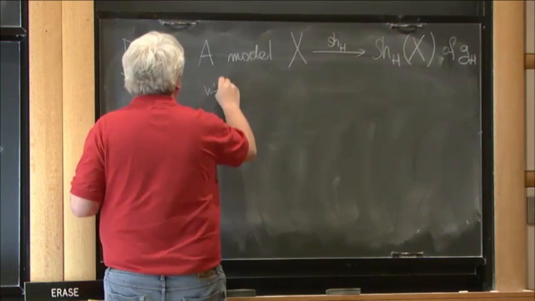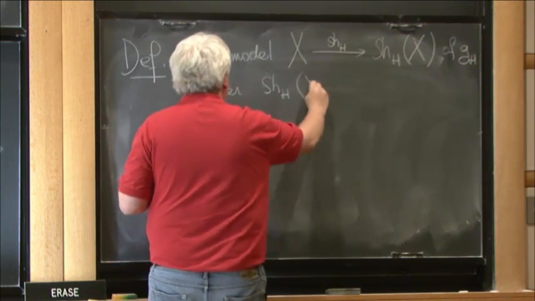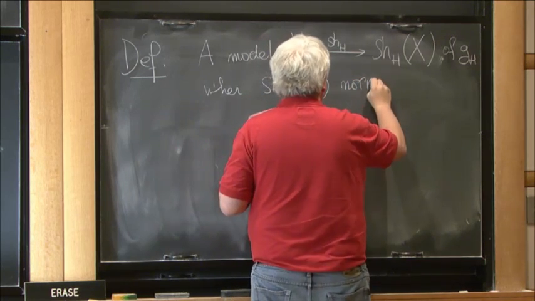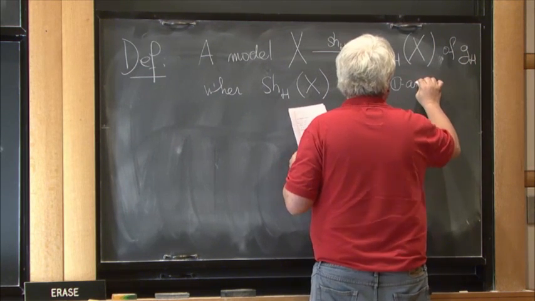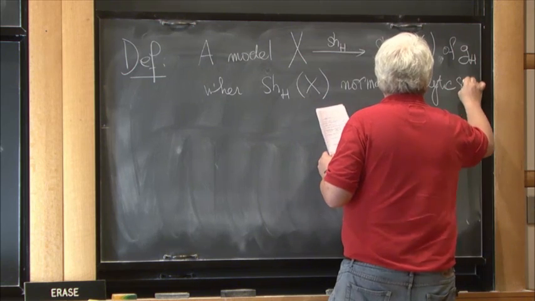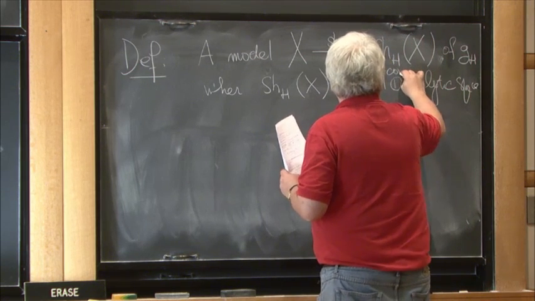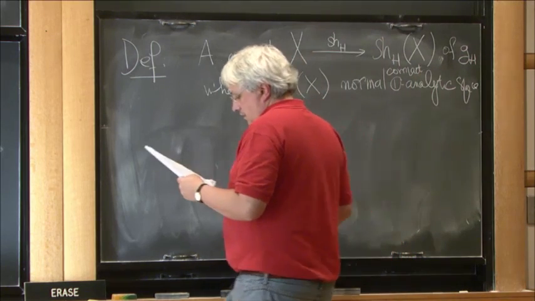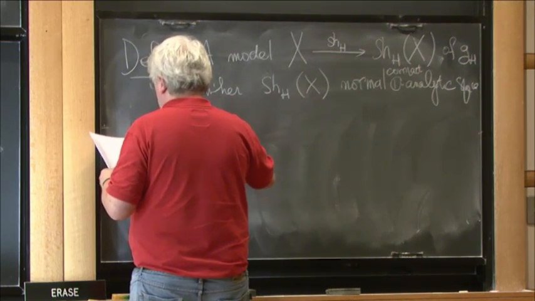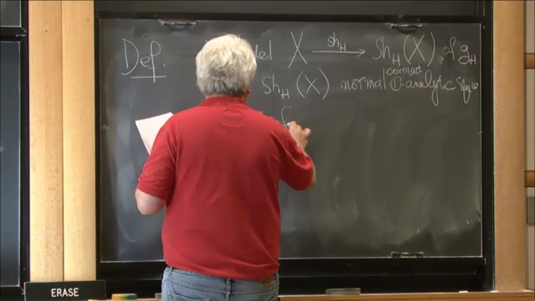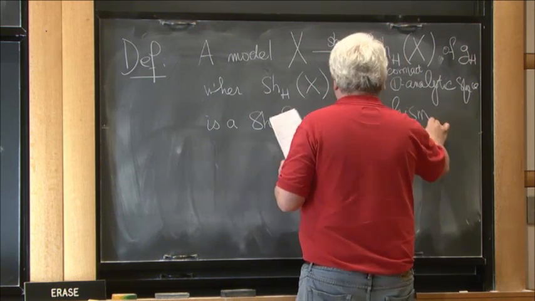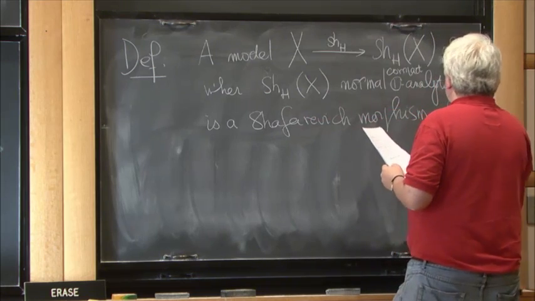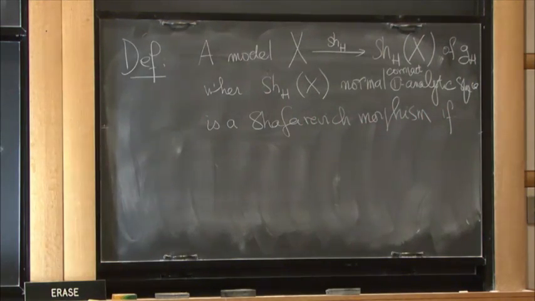So where this guy is a normal compact complex space, is a Shafarevich morphism if, well, the condition star holds, but with a small modification.